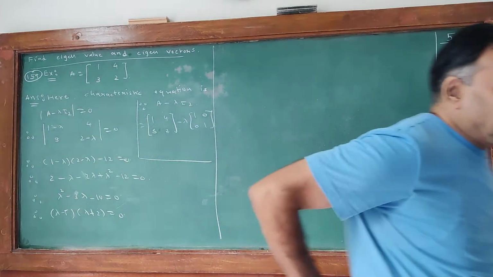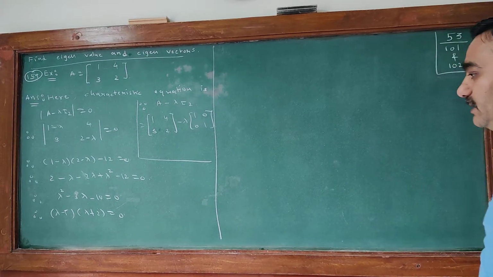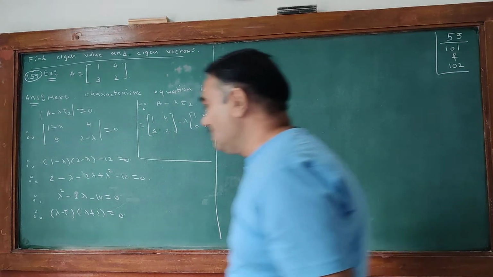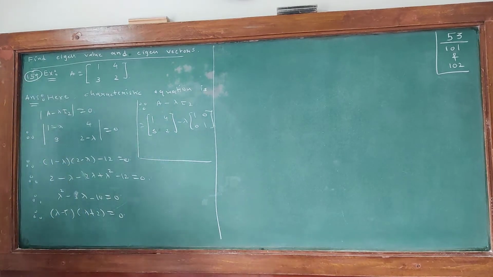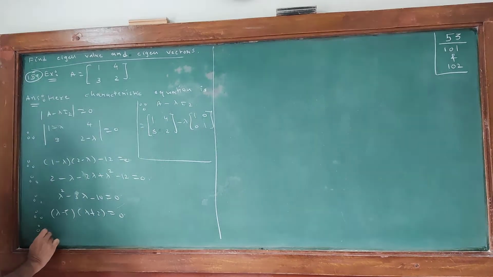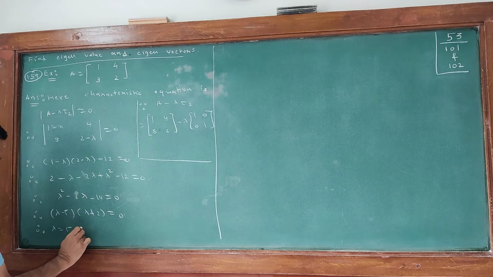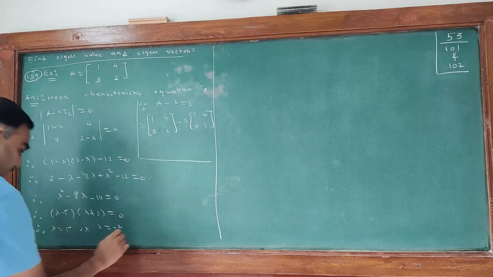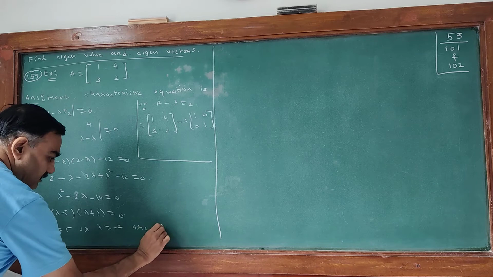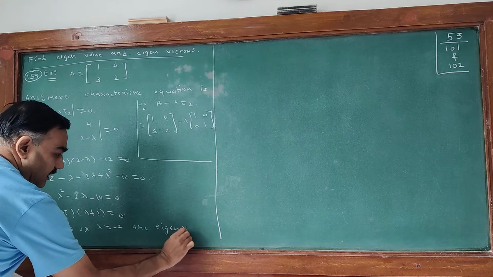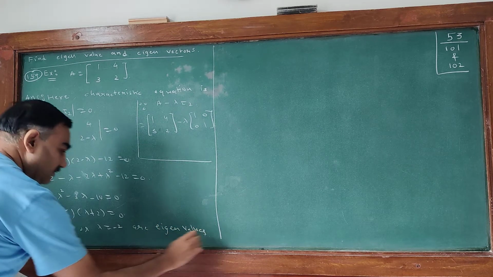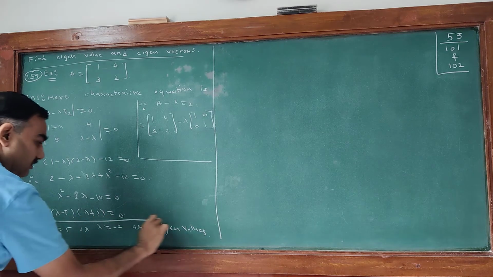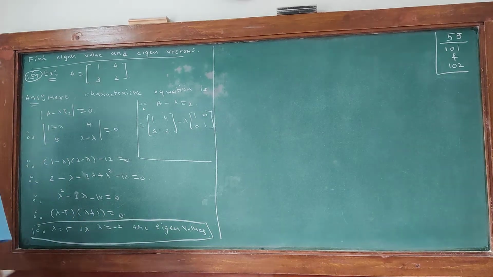So we have two values of lambda. Therefore lambda equal to 5 or lambda equal to minus 2 are eigenvalues. These are eigenvalues.